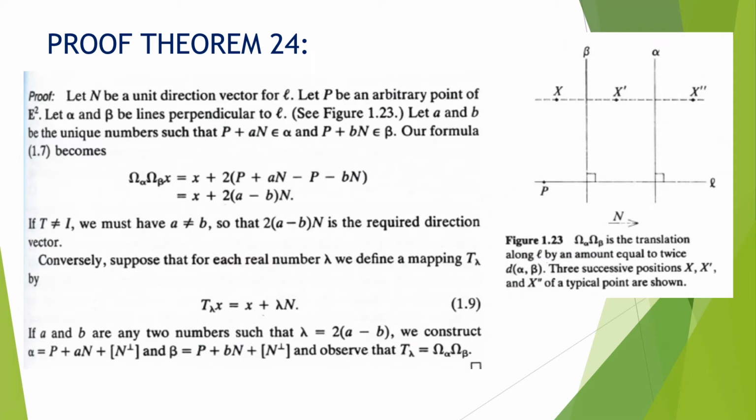If A and B are any two numbers such that lambda is equal to 2 times (A minus B), we construct alpha is equal to P plus A times n plus n perpendicular, and beta is equal to P plus B n plus n perpendicular, and observe that T lambda is equal to the product of ω_alpha and ω_beta.